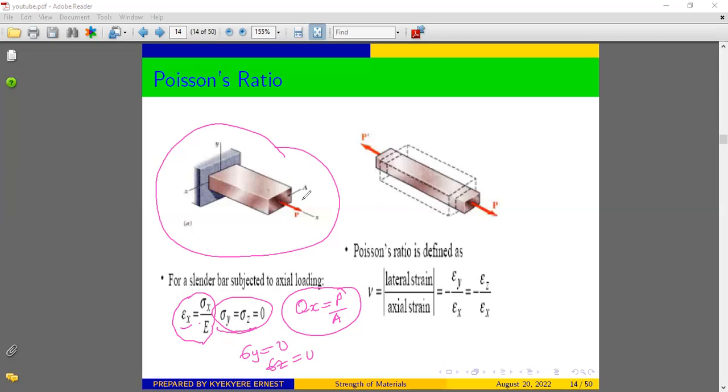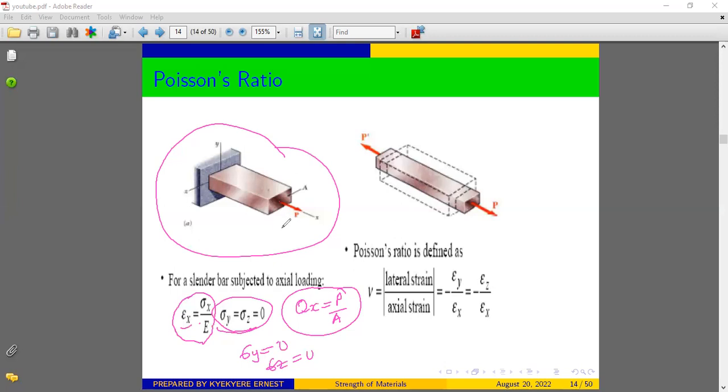Let's take it that the material involved here is isotropic, which means that the deformation does not depend on the direction of loading.